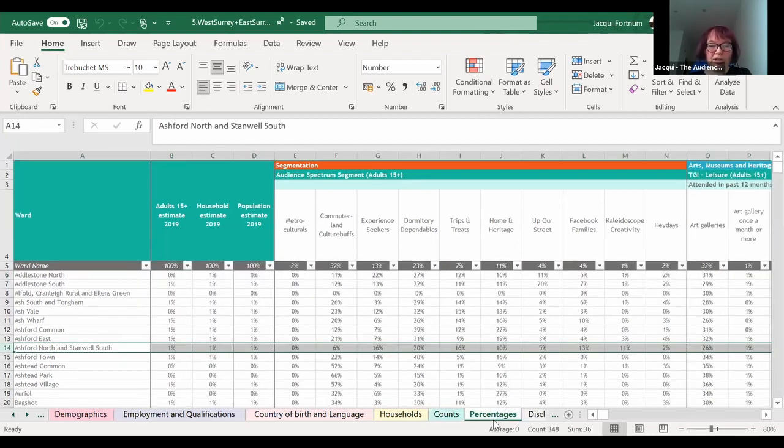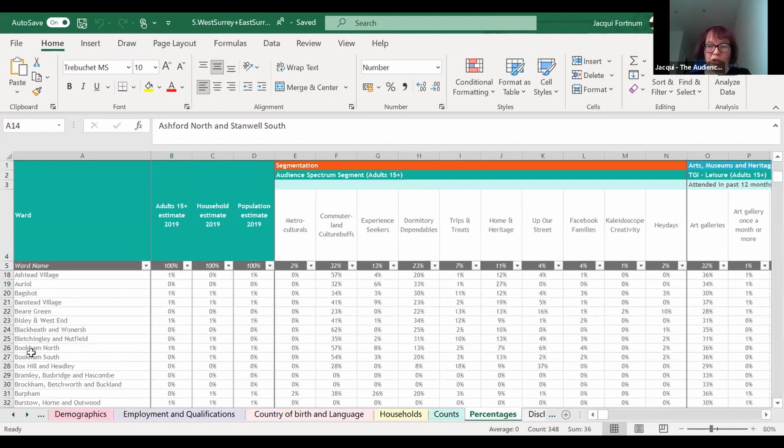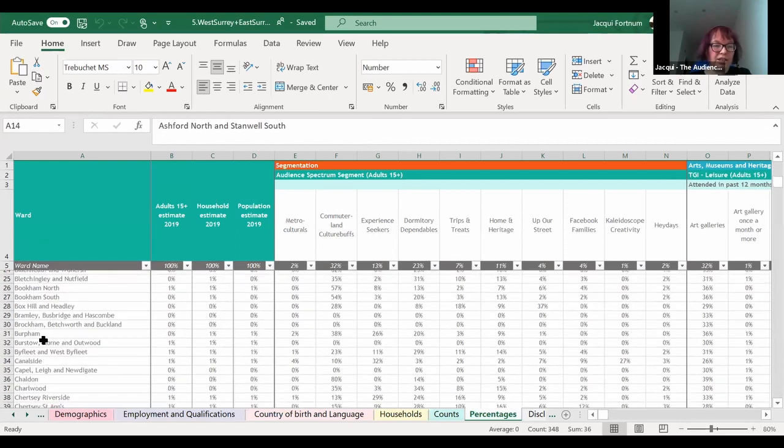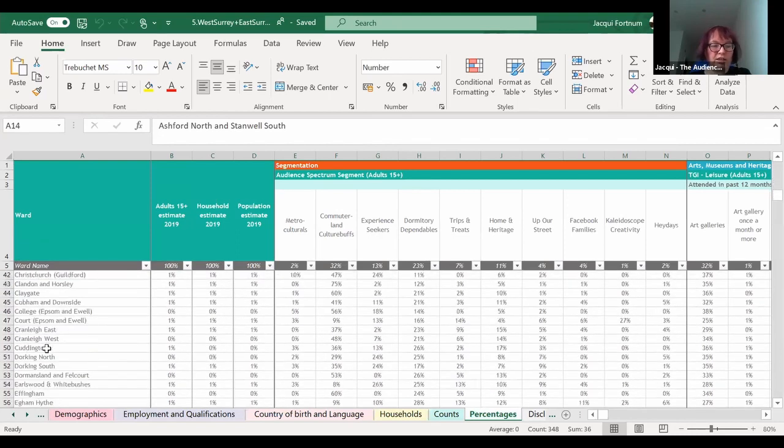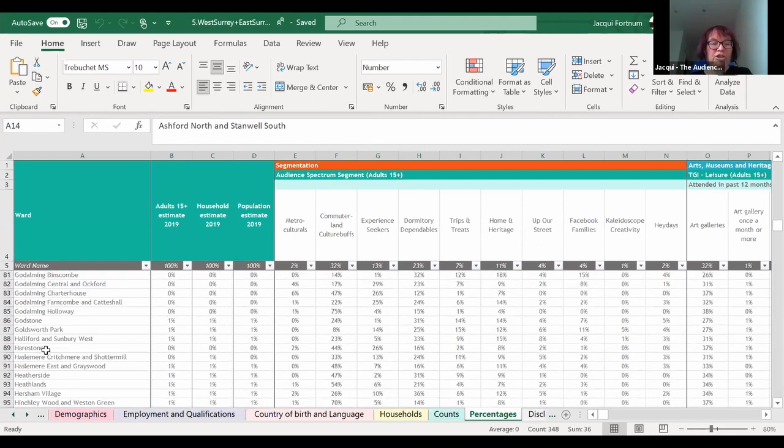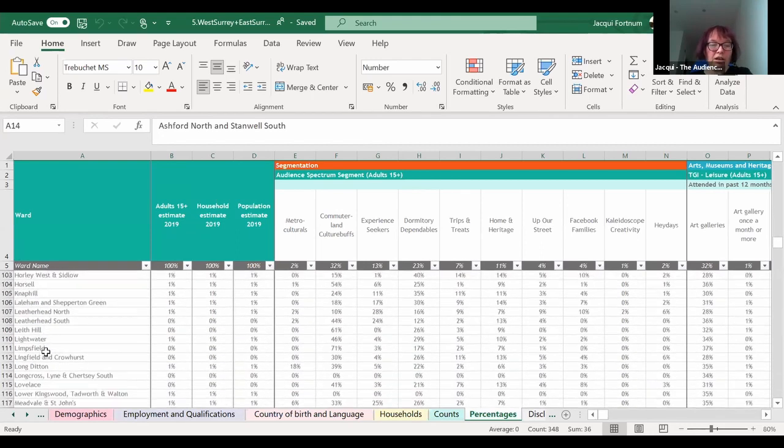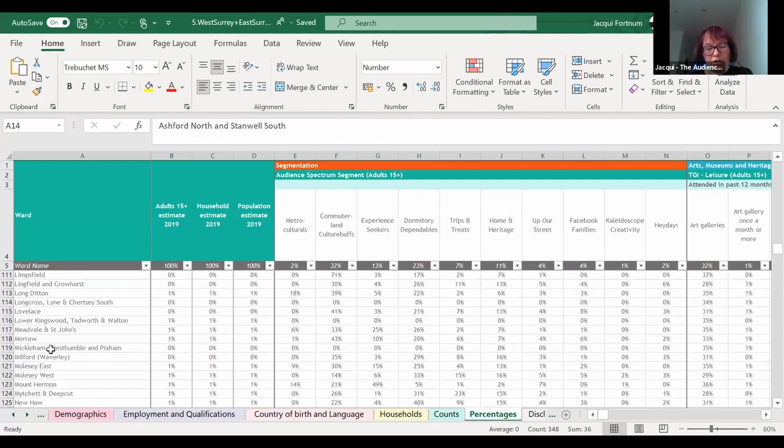So it's worth keeping an eye on both of those things in the more detailed information. And as you can see, there's an awful lot of data in this last bit. So really what you have is layered information according to where your potential audiences might be.